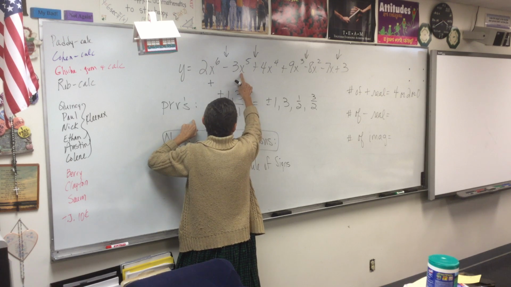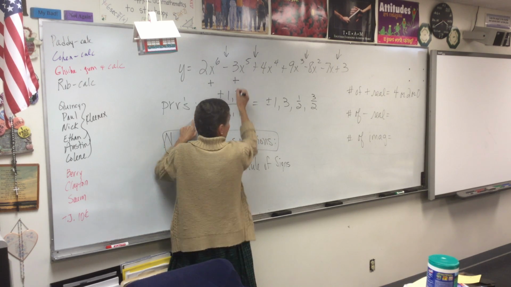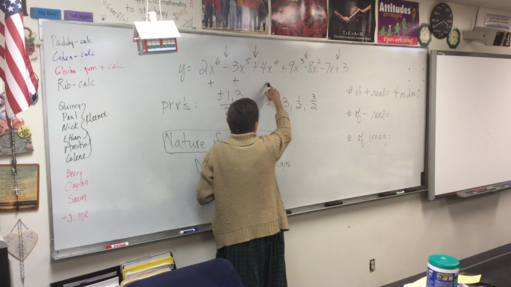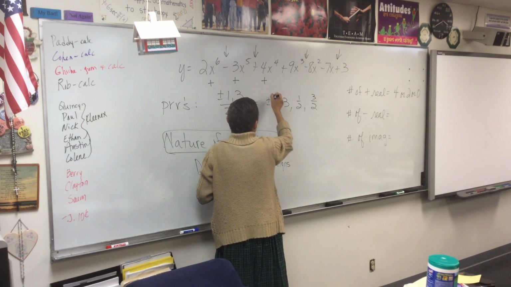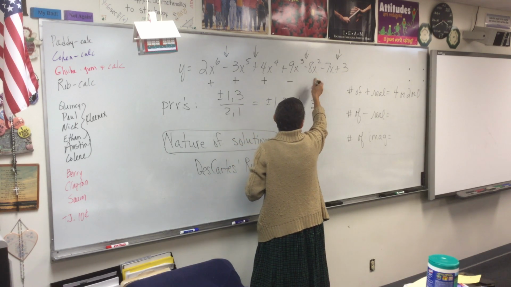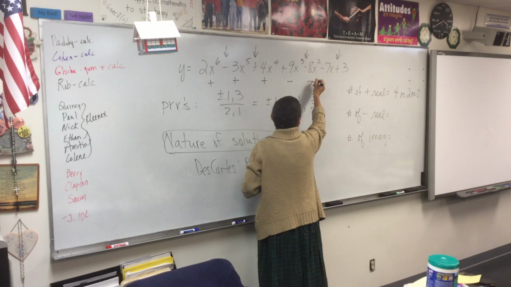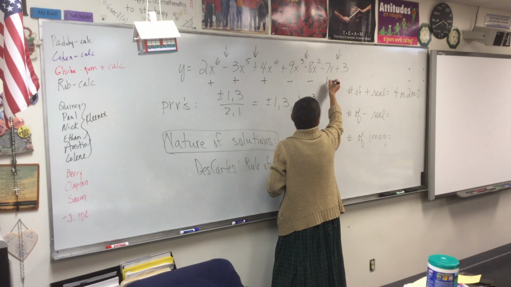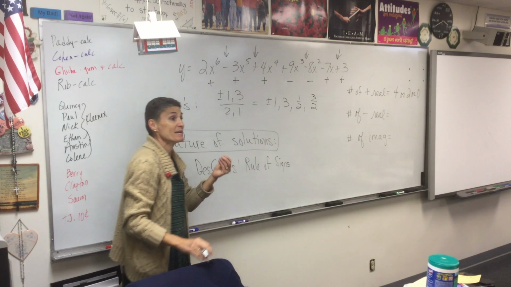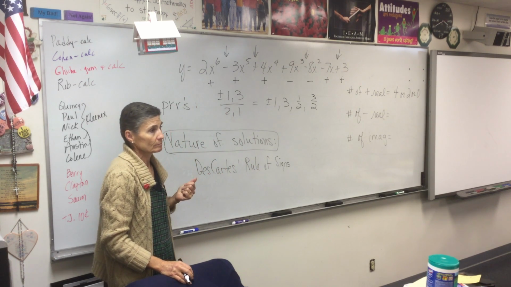Oh, if x is negative, won't this become positive? What about this one? Still positive. What about this one? Negative, negative. This one would become positive, and that one is, of course, positive. We're letting x be a negative number.